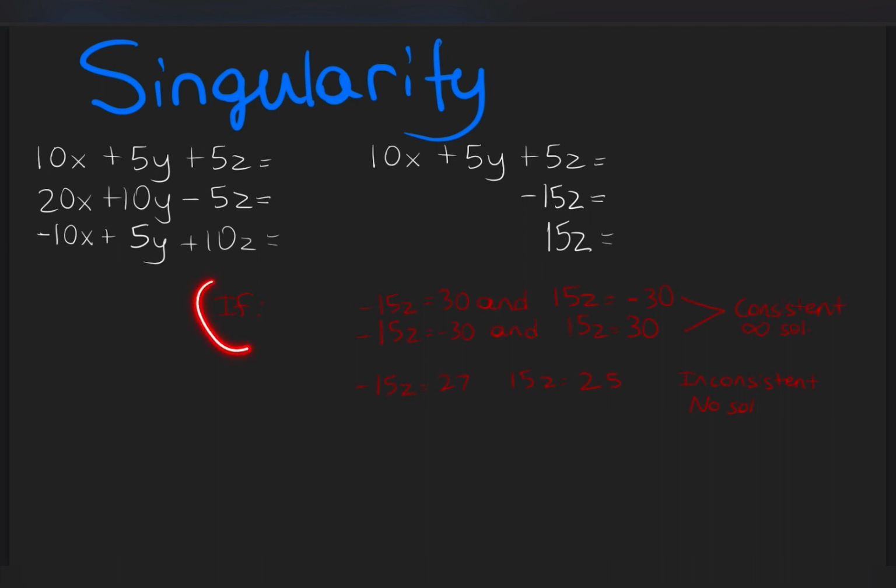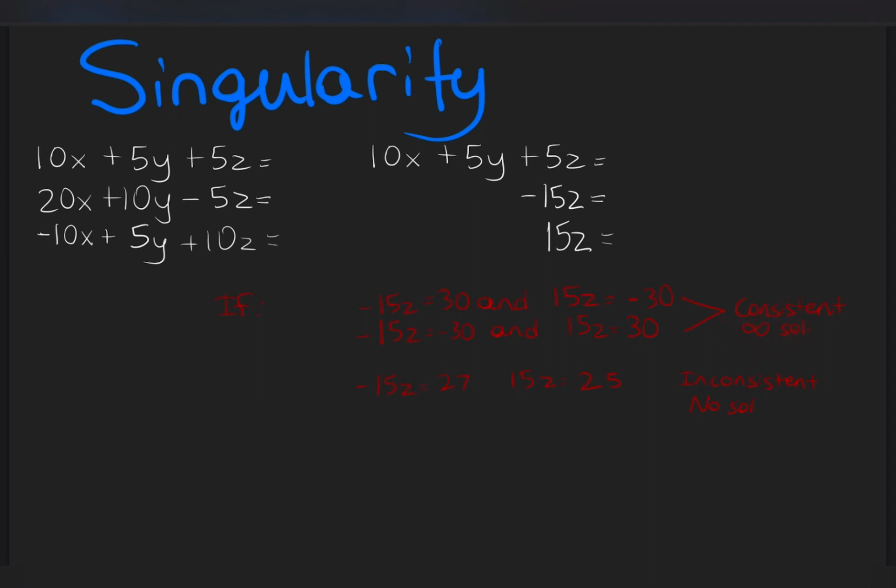Okay, so let's look at some scenarios here. If -15z was equal to 30 and 15z was equal to -30, then there would be infinitely many solutions, because even though there might only be one z solution, there would be a lot of other solutions for the x and y. If -15z equals -30 and 15z equals 30, there would also be infinite solutions.